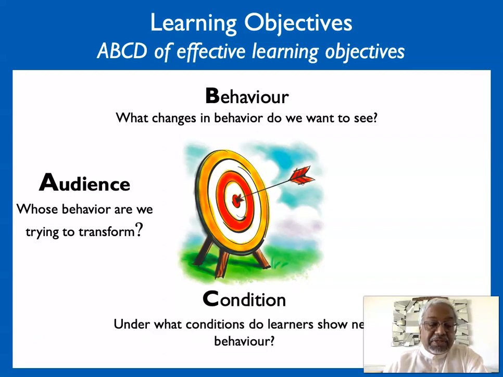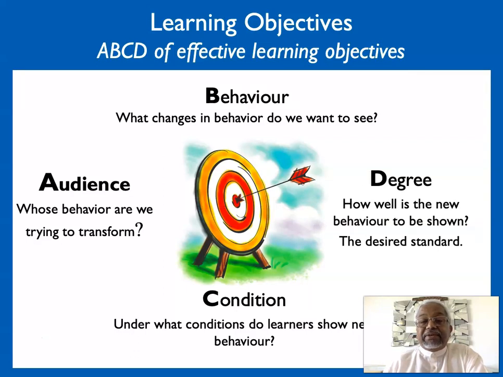Then comes the C, or the condition, and here we are looking at the conditions under which learners will be showing these new behaviors. What are the conditions under which they are going to be learning this new behavior? And finally, degree is the extent to which they will be able to apply or do the new learning.